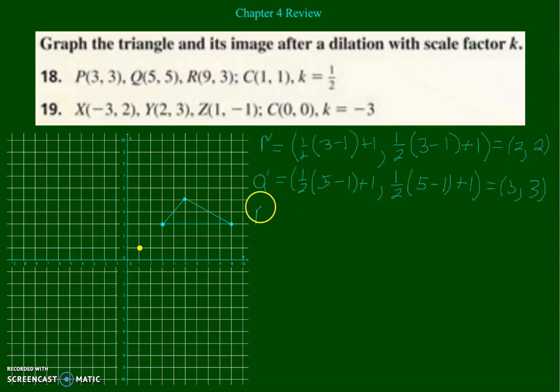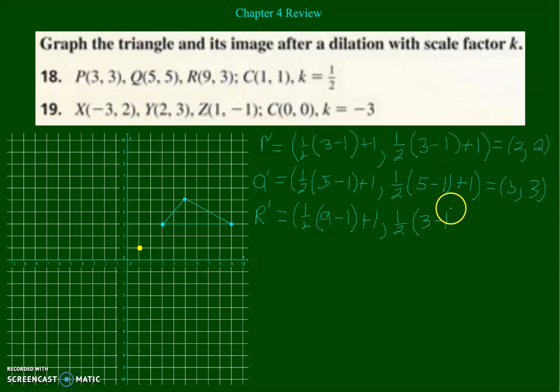Now our last point, R prime. One-half. The x-coordinate of R is 9. Again, we have the same center point, so we subtract 1, moving it over, we dilate it, add 1 to get it back to where it's supposed to be. Then we do the y. 1/2. Then the y-coordinate of R is 3.